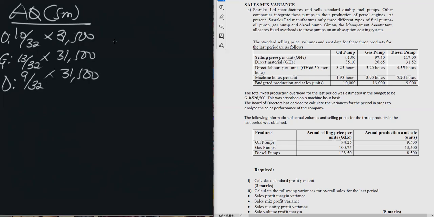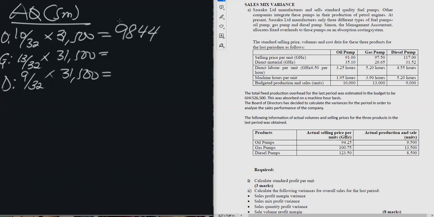So what become the figures that we need for this? We have 10 over 32 times 31,500, and that is 9,843.75. So let's make it 9,844.